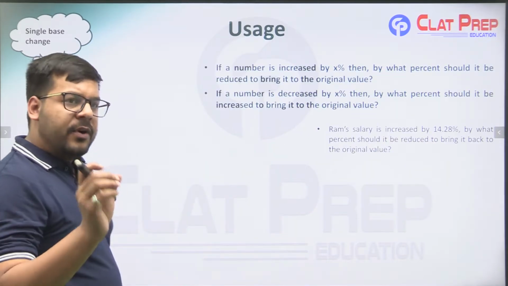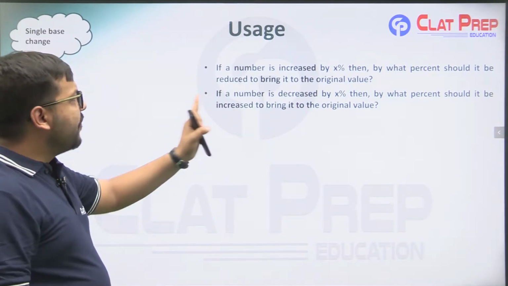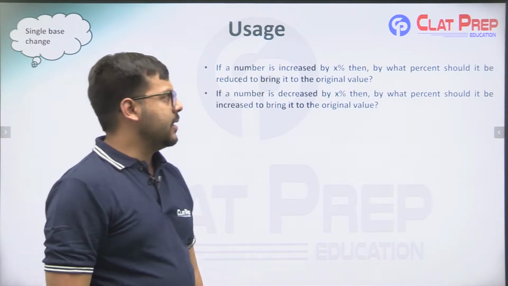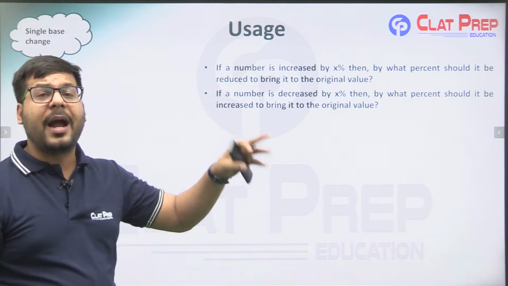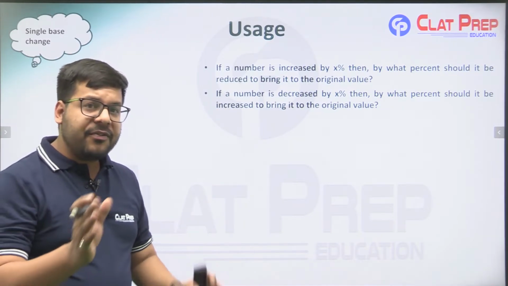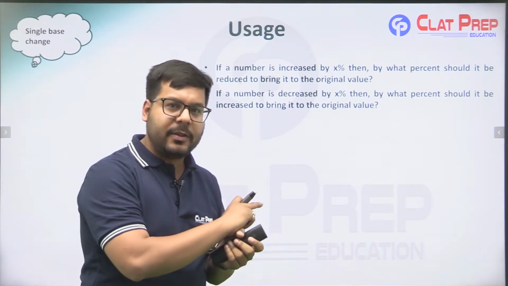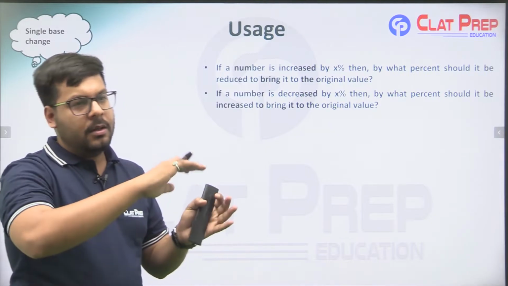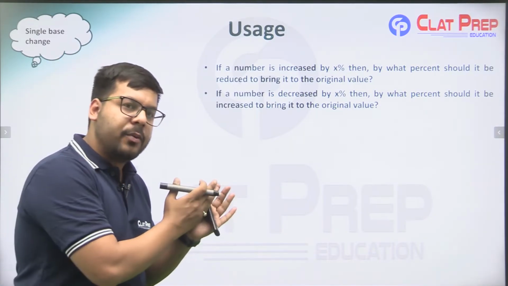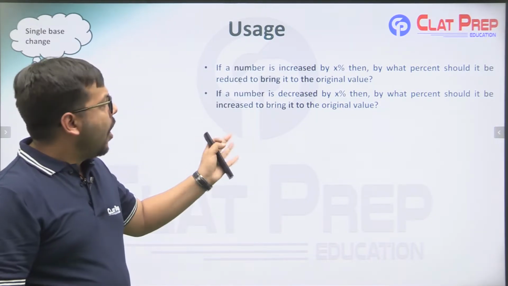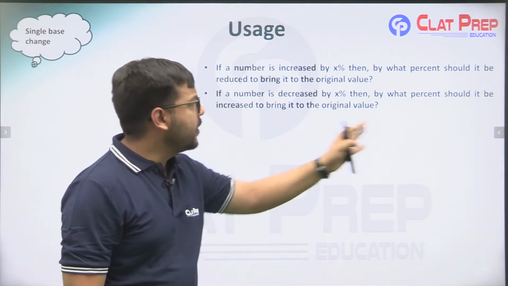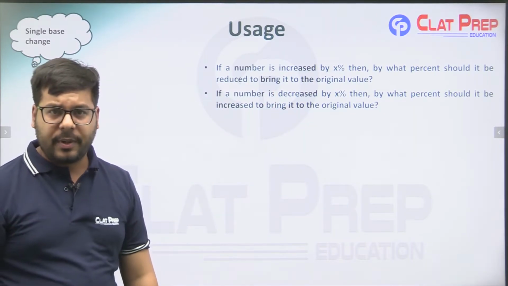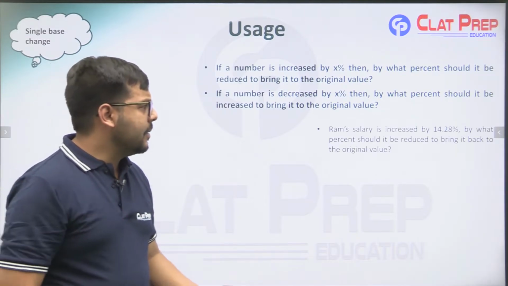Now the first usage is, if a number is increased by X%, then by what percent should it be reduced to bring it back to the original value? Now you might find a lot of similarity with the language which I just used in the previous example. Some percentage more, we have to get back to the original value, or else it can say that if a number is decreased by X%, then by what percent should it be increased to bring it back to the original value?